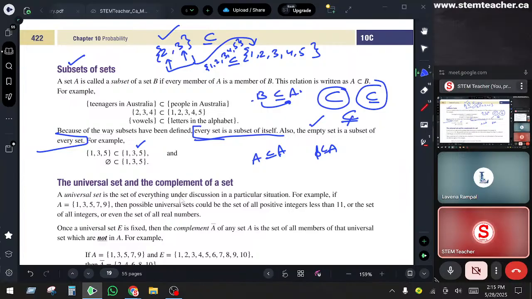Every set is a subset of itself. Also, the empty set is a subset of every set. Every set is a subset of itself. Empty set is a subset of every set. So by default, for any set you give, you will definitely get two subsets. One is itself, one is empty. The others are different.